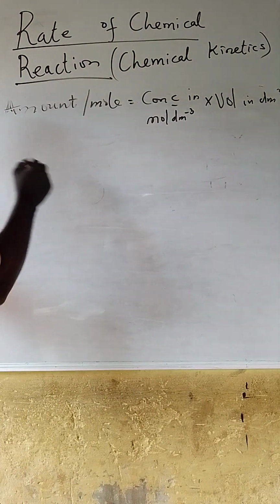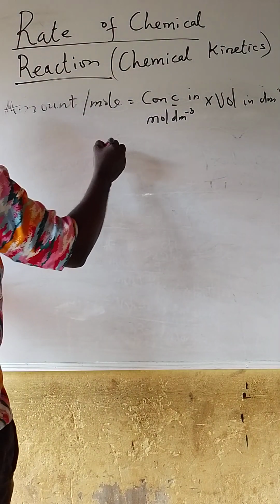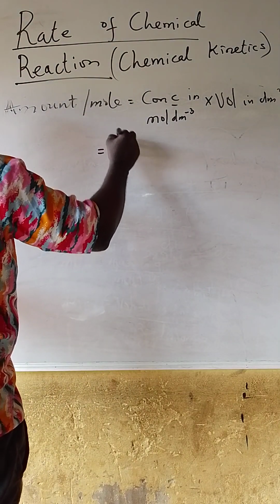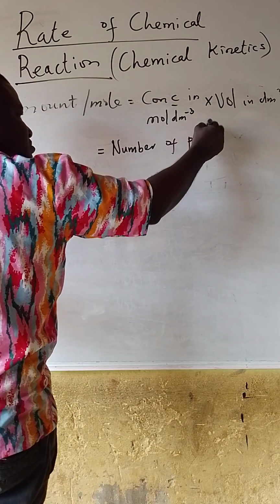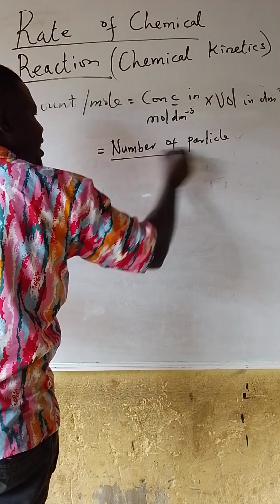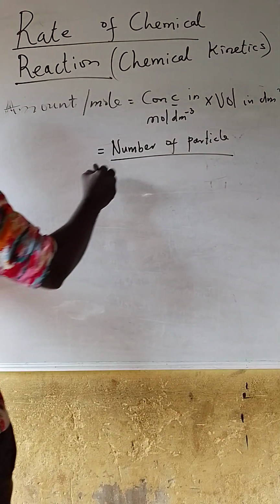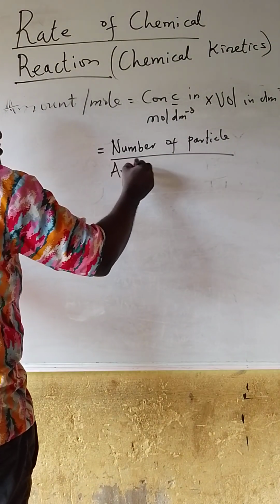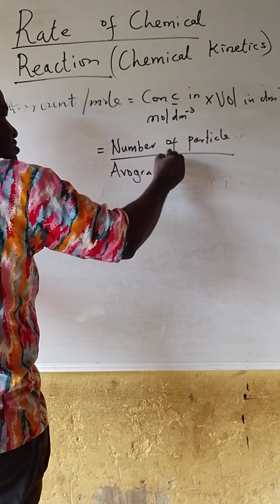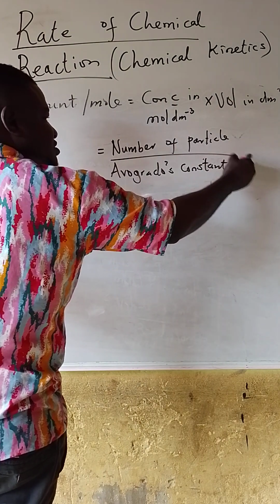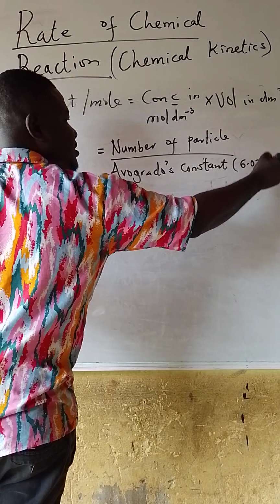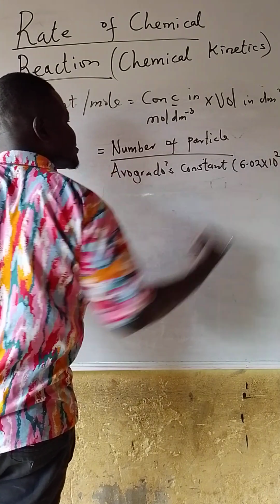Then it can also be equal to number of particles over Avogadro's constant. The particles can be ions, atoms, electrons. Avogadro's constant is equal to 6.02 times 10 to the power 23.